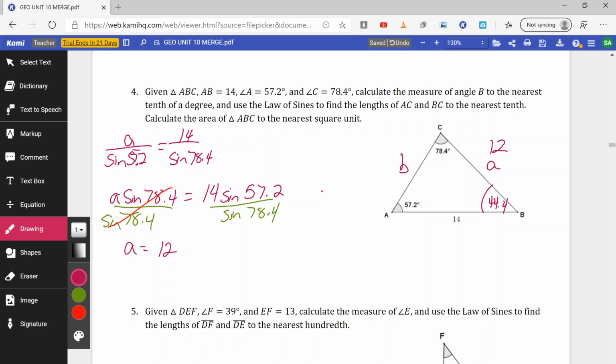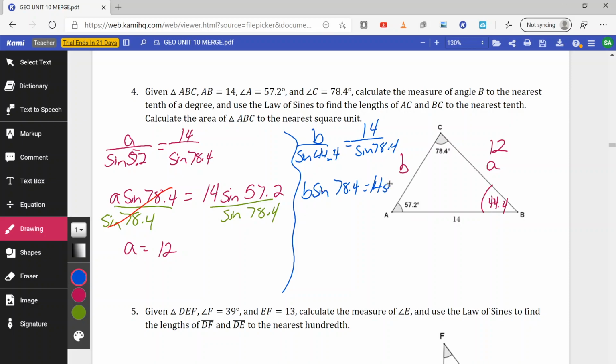And now we can use either one to figure out what side B is. So again, we're going to use the law of sines, so might as well use C again. So we have side B over the sine of 44.4 equals side C, 14 over the sine of 78.4. Cross multiply to get B sine 78.4 equals 14 times the sine of 44.4.